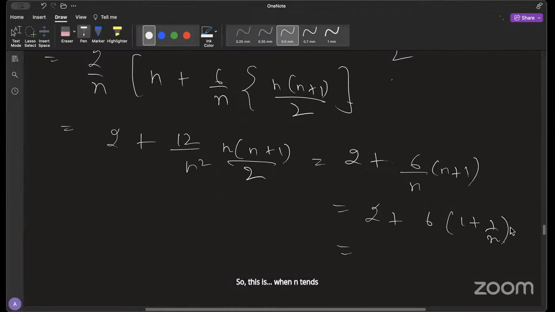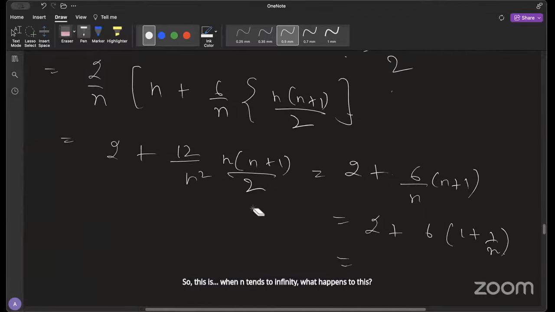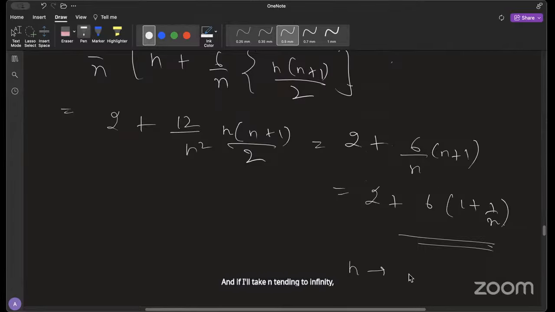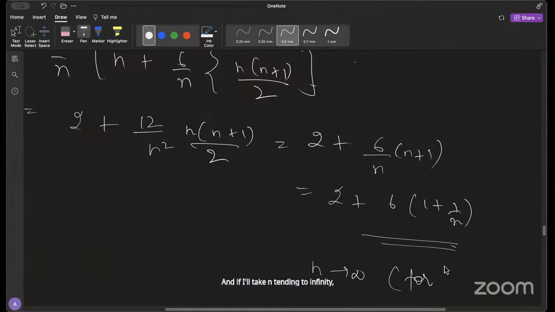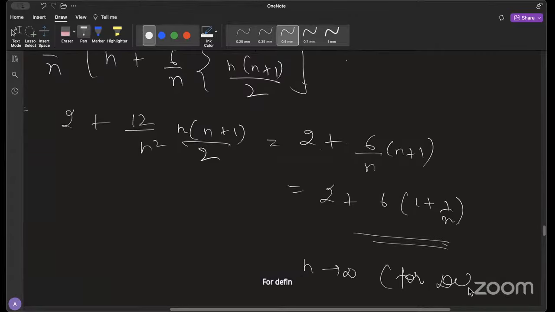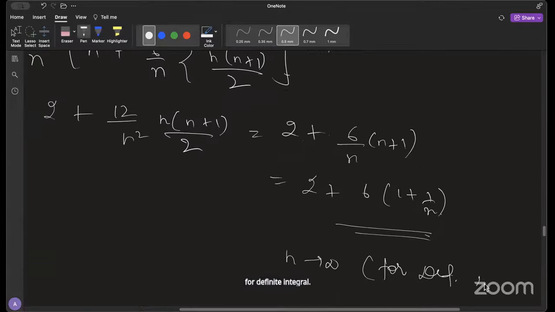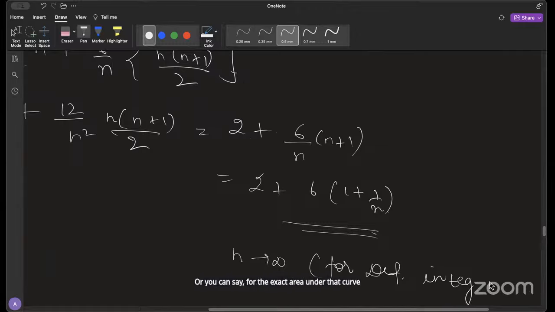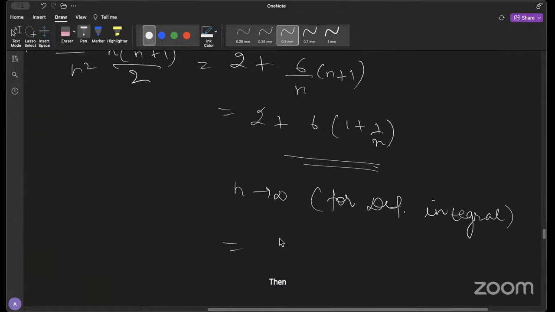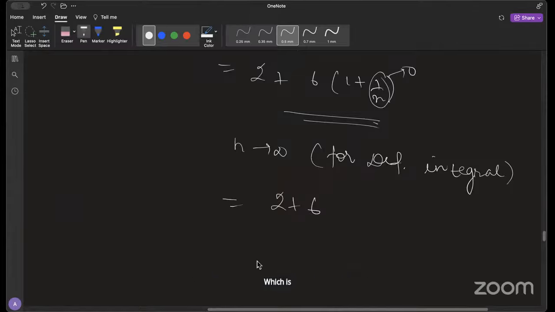So when n tends to infinity, what happens to this? Now this is Riemann's sum. If I take n tending to infinity for the definite integral, or you can say for the exact area under that curve, then this will be 2 plus 6, because if n tends to infinity, this goes to 0, right? Which is 8.